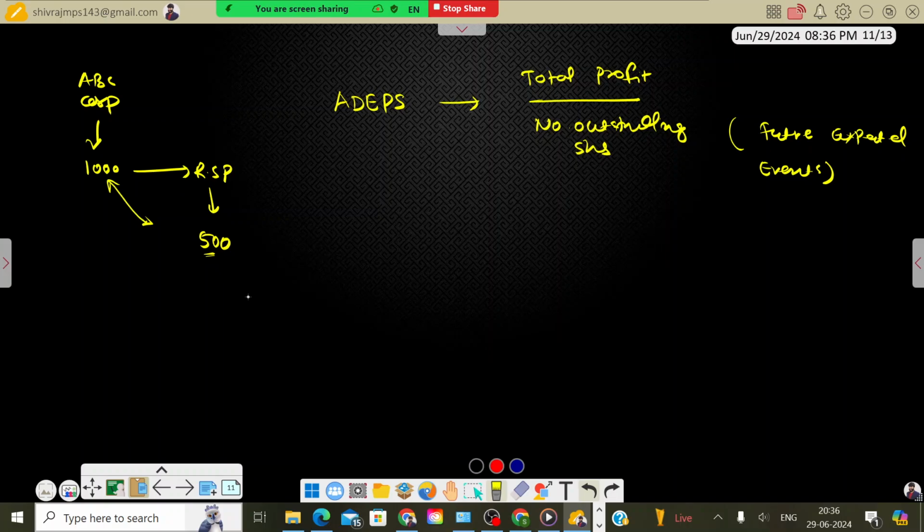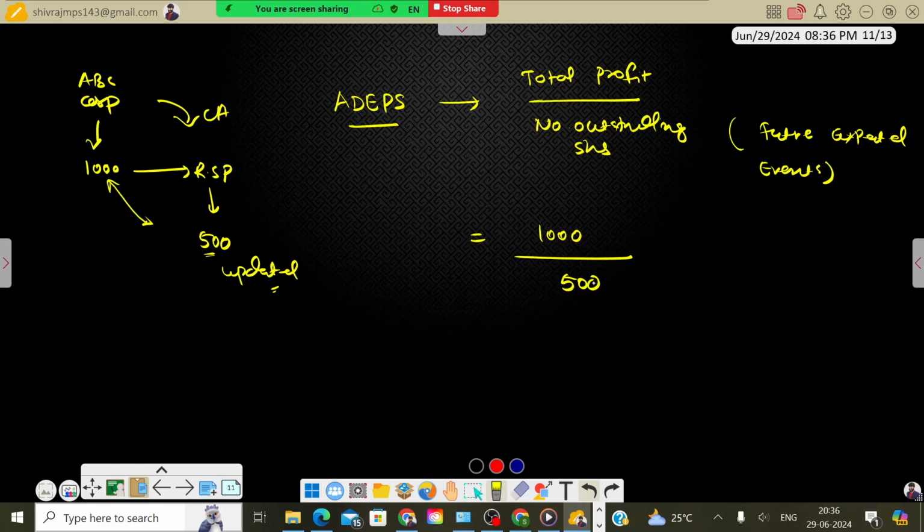All right. So now if we talk about anti-dilution earning per share, we have the number of shares updated as per the corporate action, which is 500, but the profit amount remains the same, which is 1000.